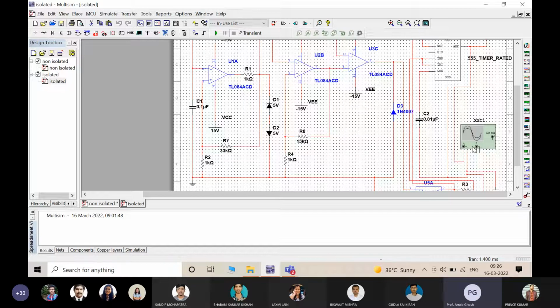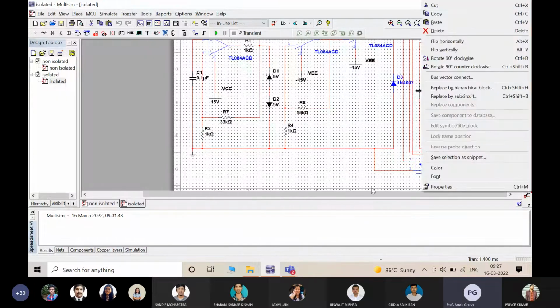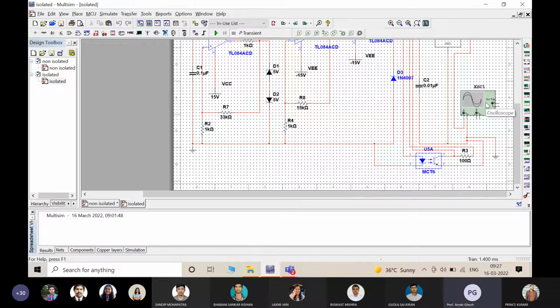Just the input of the opto-isolator and the output of the opto-isolator. Can you please incorporate an additional scope? Then show me the results.